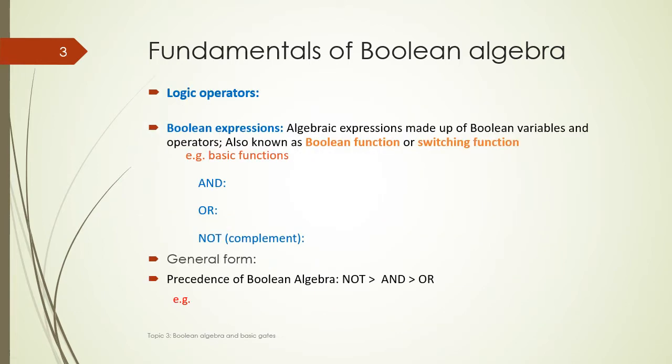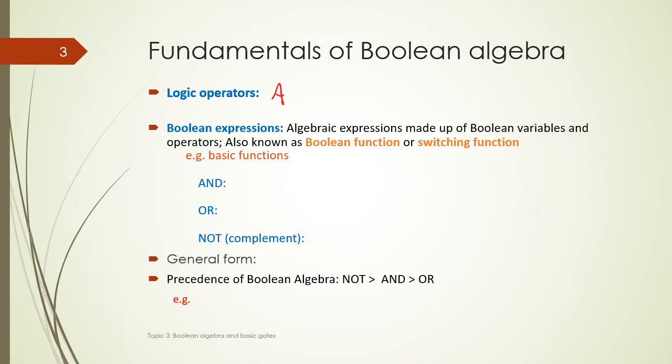Okay, logic operators. Just like regular algebra, we need operators, right? Like the plus, minus, multiplication, or division symbols. In logic, we have similar things, but they are treated in a different way.